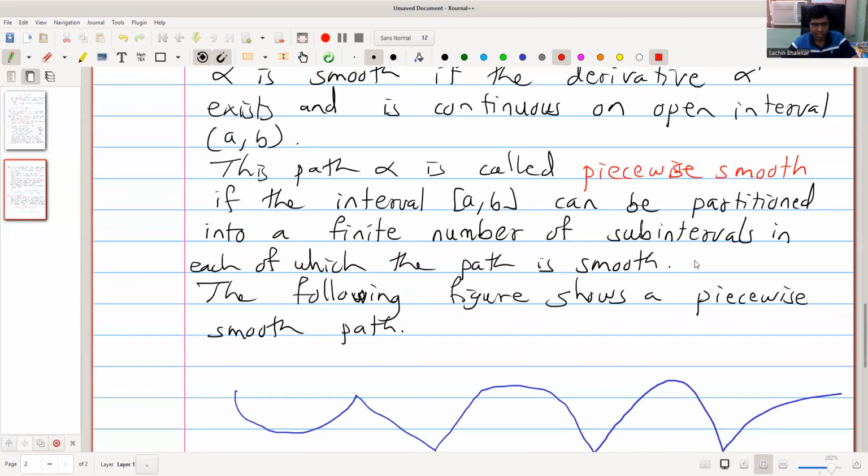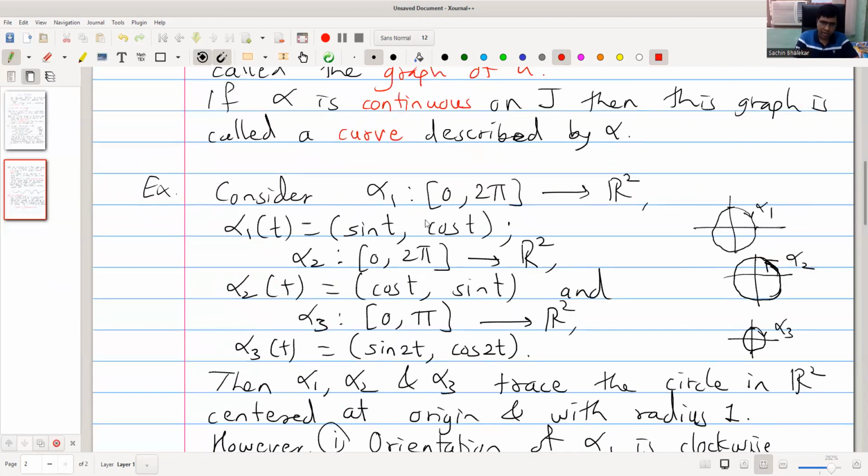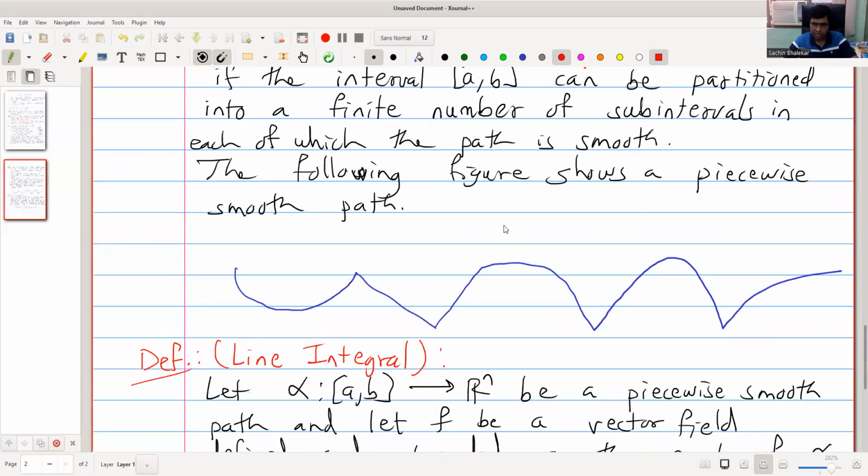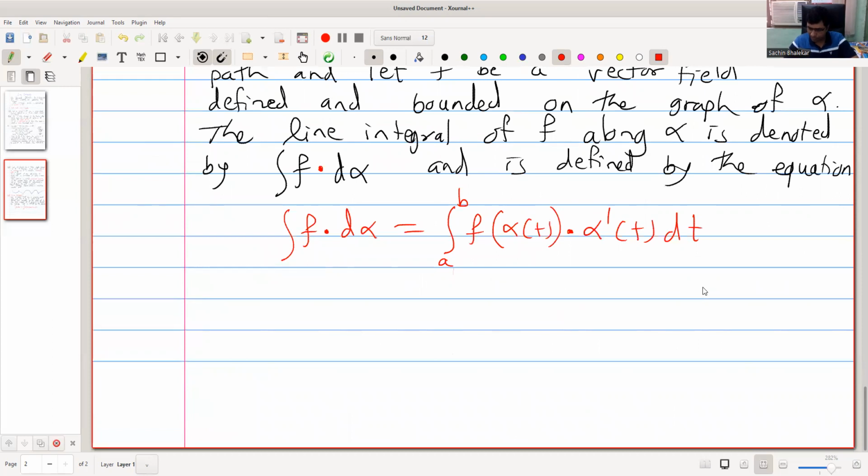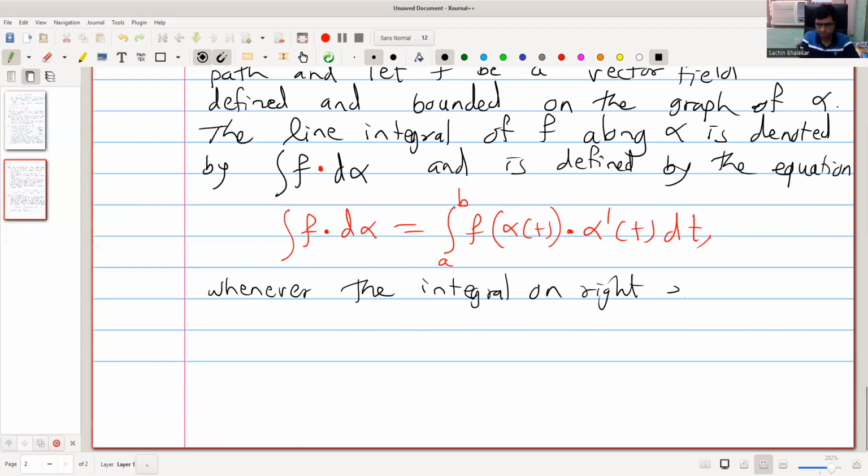So if our alpha is (sin t, cos t), then the derivative of alpha is (derivative of sin t, derivative of cos t), which equals (cos t, minus sin t). And this is the usual dot product of two vectors, whenever the integral on the right side of this equation exists.